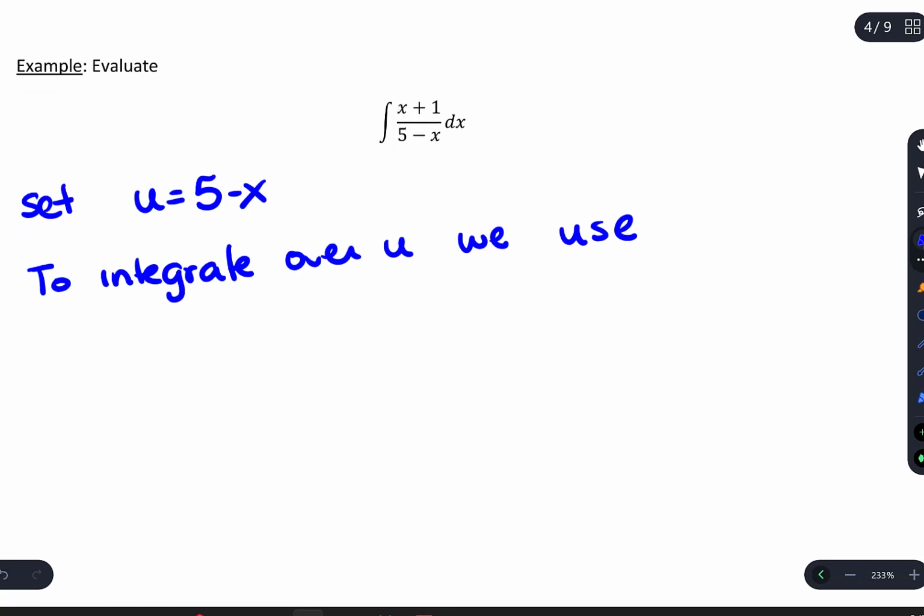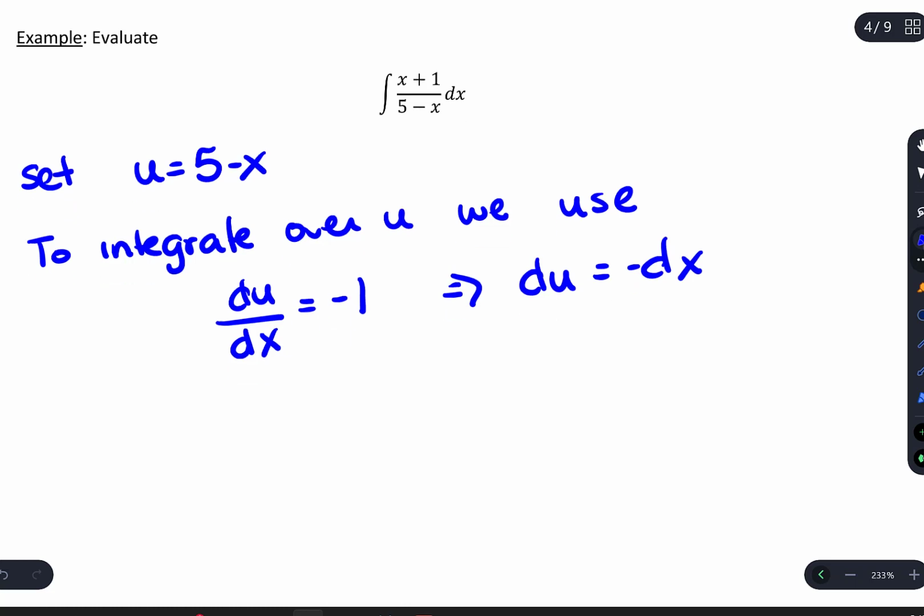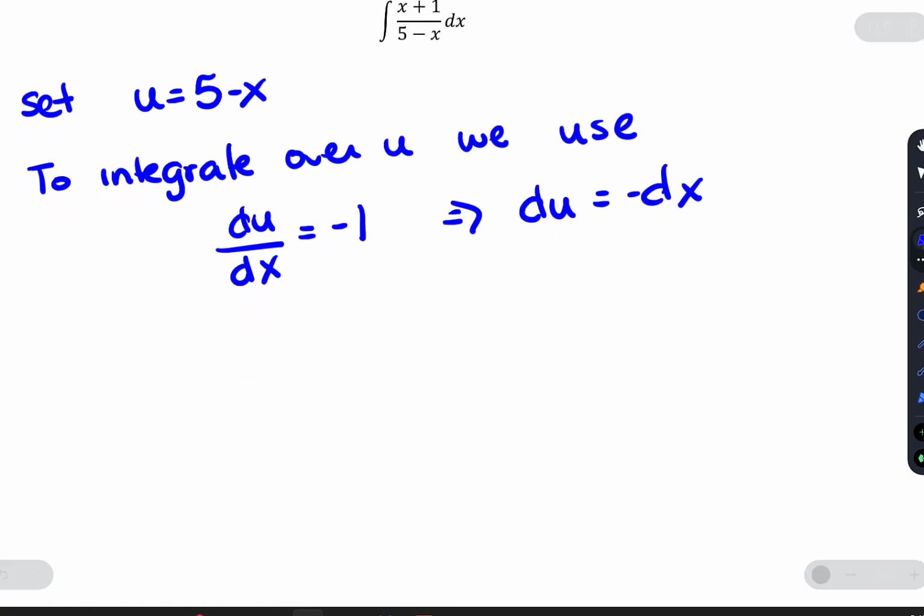So to integrate over u, we need to take the derivative of u with respect to x. And notice here, that's just going to be equal to -1. And so this suggests that du is equal to negative dx. Right?